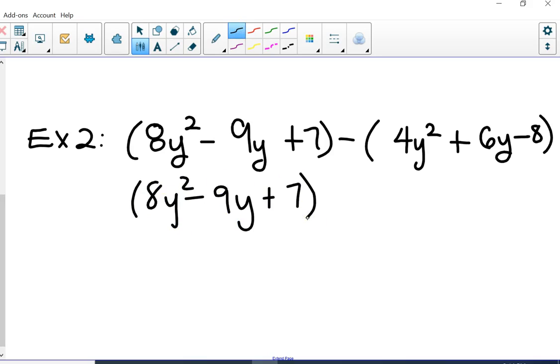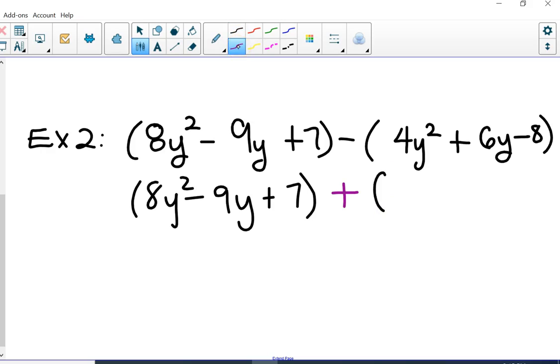You want to go ahead and change minus to plus. So remember, subtracting something is the same thing as adding the opposite sign of it. So keep, change, change minus to plus. And then we're going to change the sign of every term in the polynomial to the right.